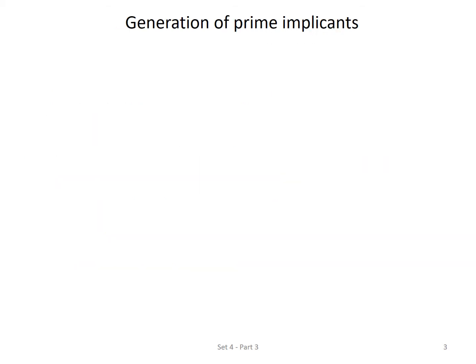The first step of the tabular method is to generate all the prime implicants of the given function. This is done by creating one or more tables in sequence. Each table will have a list of implicants.